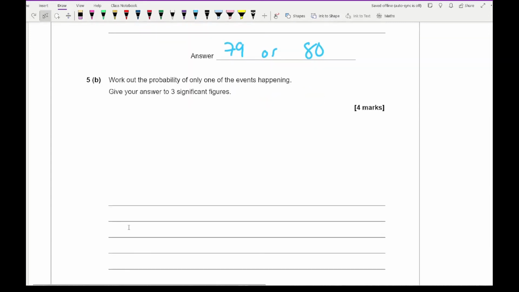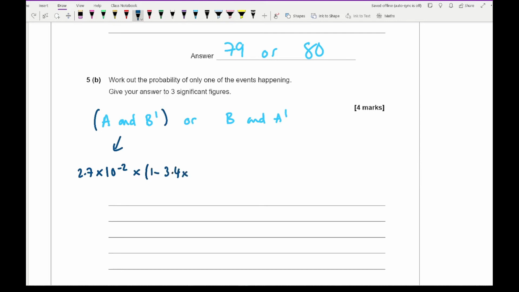For question 5b, it says work out the probability of only one of these events happening. So either you could have event A and not B, or we can have B and not A. Now, for this event to take place, what's that probability? Well, that's going to be 2.7 times 10 to the power of minus 2 multiplied by probability of not B, which is 1 minus 3.4 times 10 to the power of minus 4.